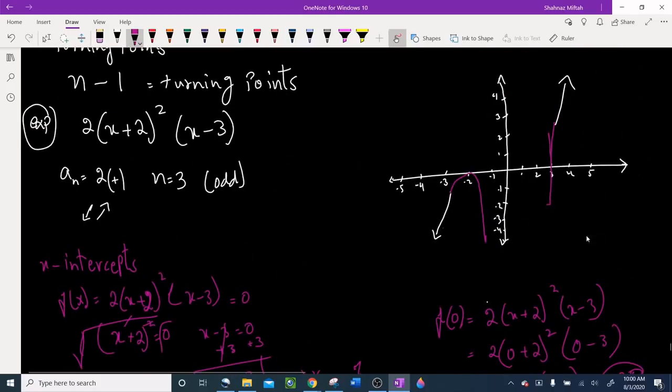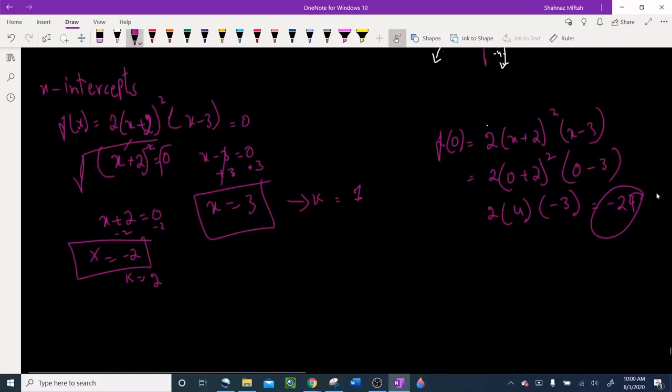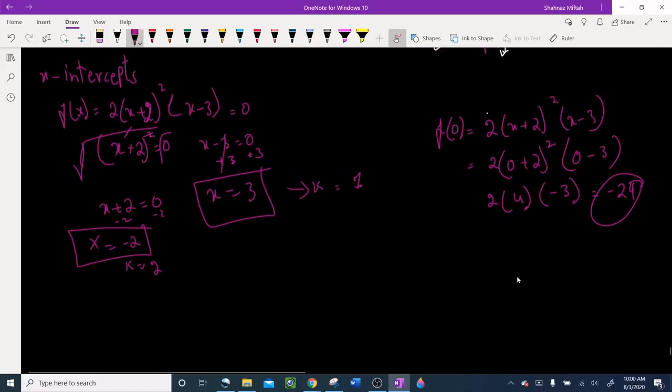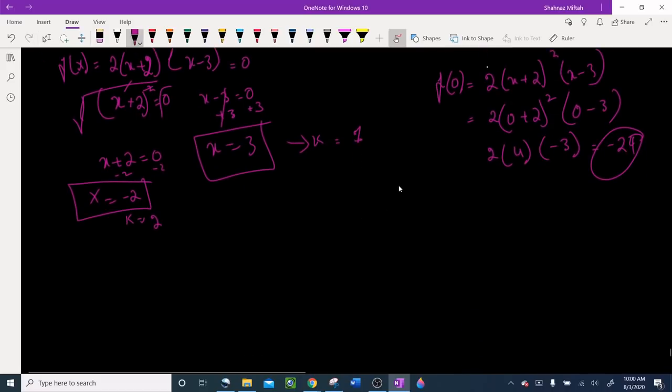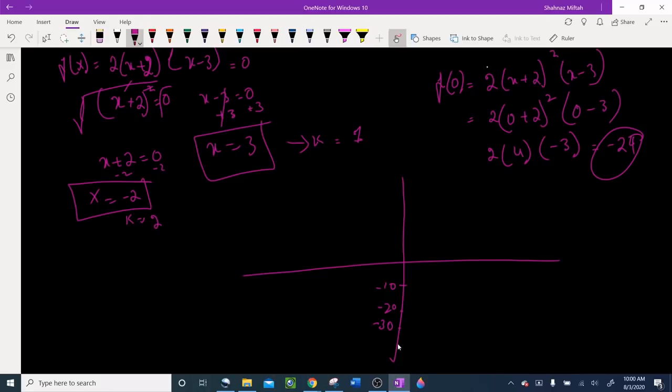I drew the graph up here, but since our y-intercept is -24, we need a -24 on the y-axis. So this is -10, let's make it bigger, and -20, -30, -40.